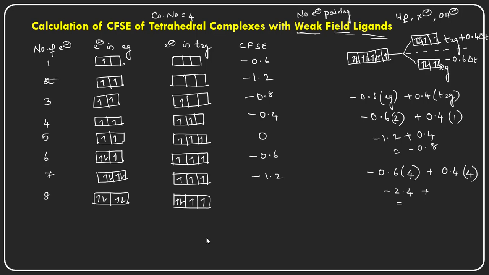Four electrons are present, and plus 0.4 into 4, that will be plus 1.6, right? Plus 1.6, and this minus 0.6 into 4, that will be minus 2.4. So what will be the value? Minus 2.4 plus 1.6.